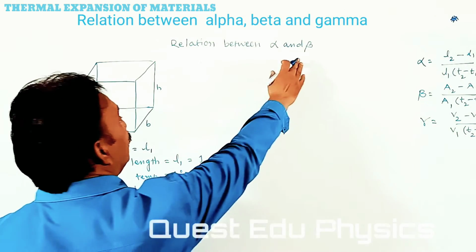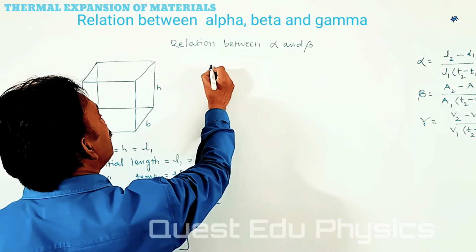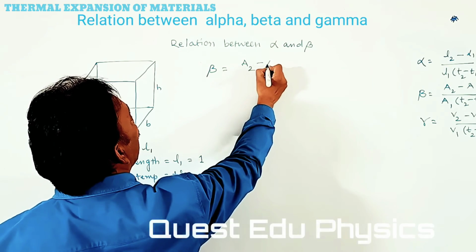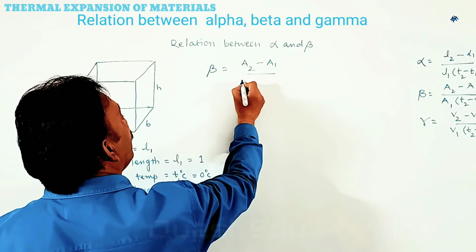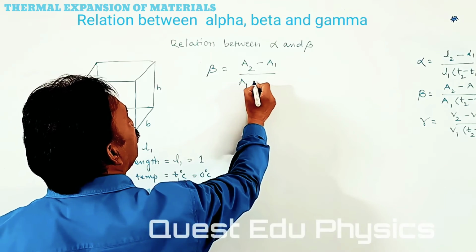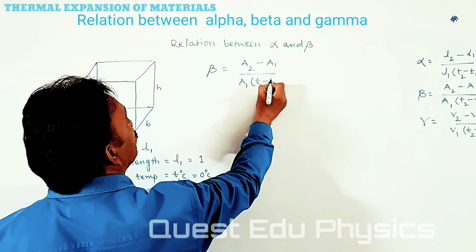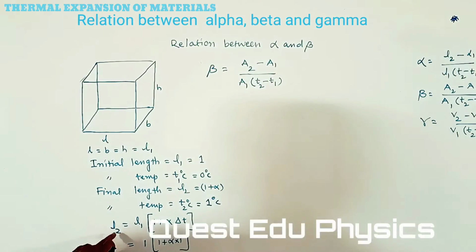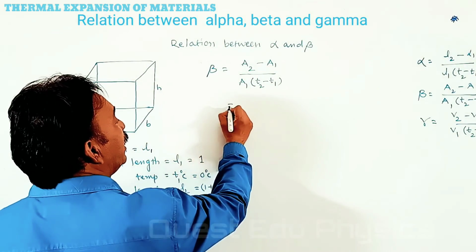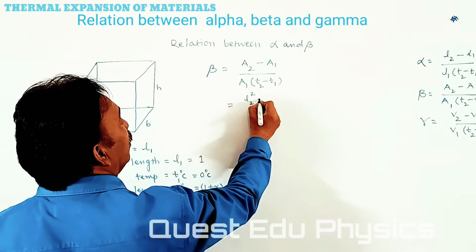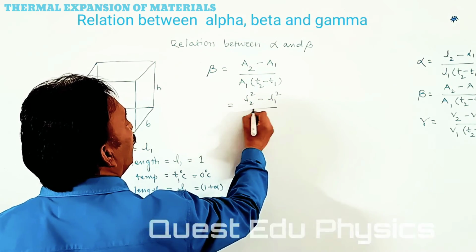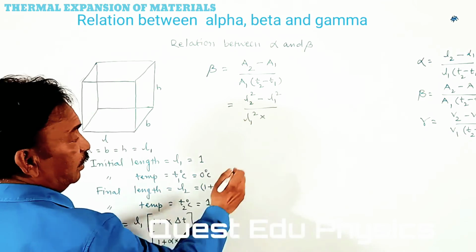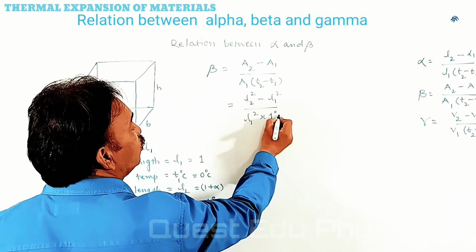We are writing the beta value, students, as you know that beta is equal to A2 minus A1 by A1 into T2 minus T1, students. Area is the square of the length, students. Here, area can be written as L2 square minus L1 square by L1 square into delta T. It is 1 degree centigrade, students.